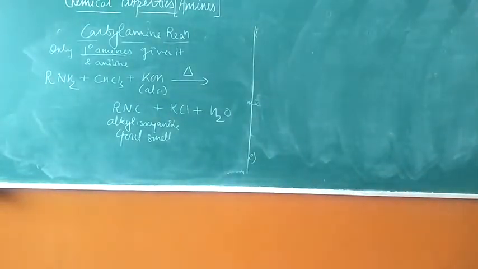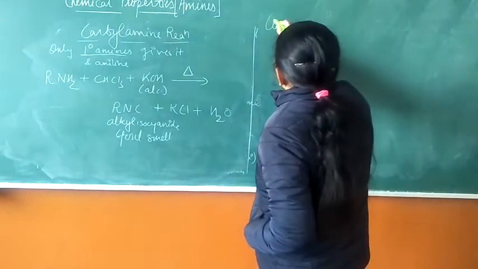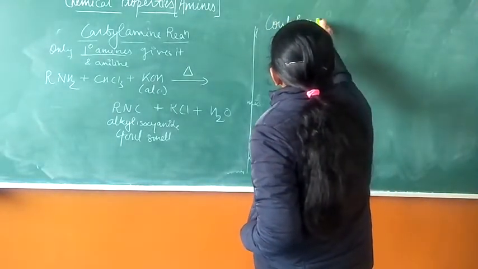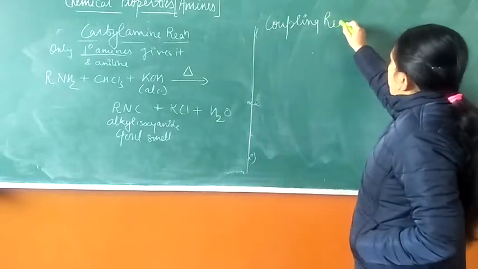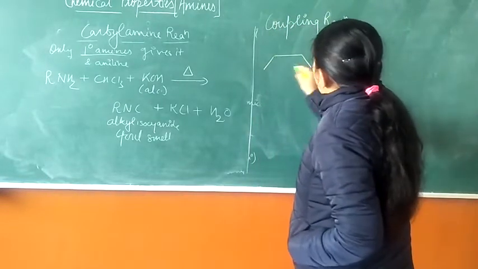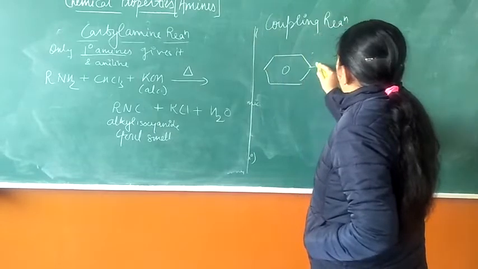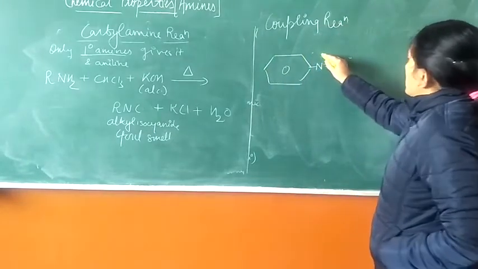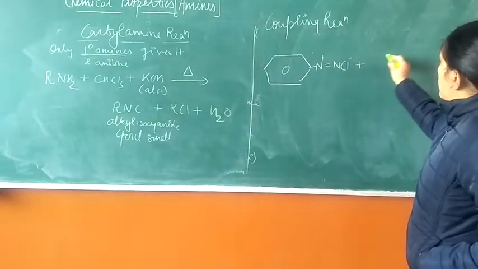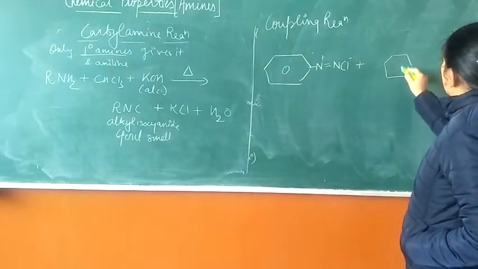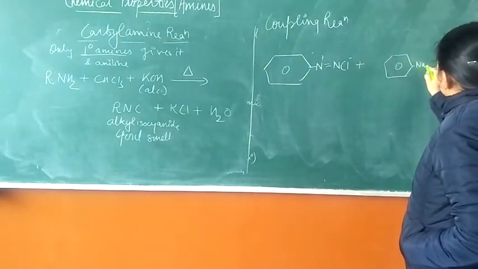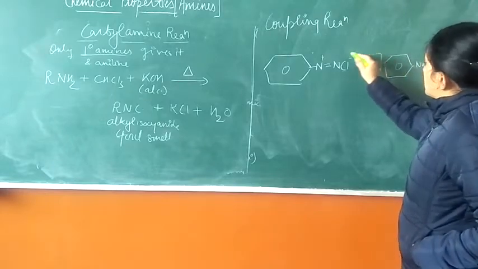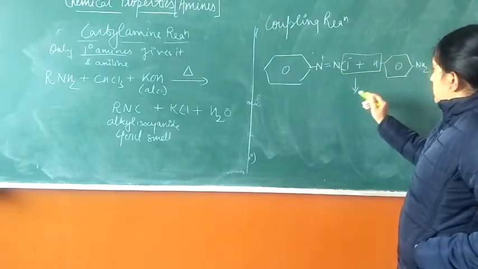Okay, students. Now, the aromatic amines will show the coupling reaction also. That is, we have benzene diazonium chloride, and its reaction with aniline.